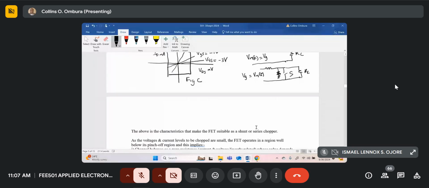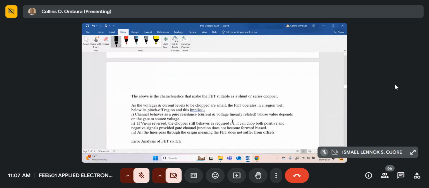Series means the switch is in series with the input signal and the load. Shunt means the switch is connected in shunt with the input and the load. As the voltage and current levels to be chopped are small, remember we said in the beginning for choppers they're typically less than 50 millivolts, the FET operates in a region well below the pinch-off region.